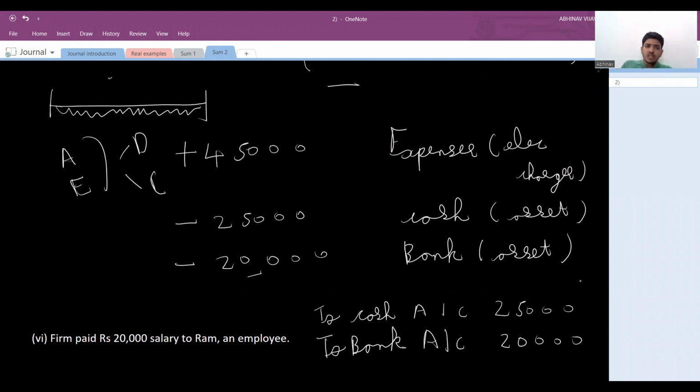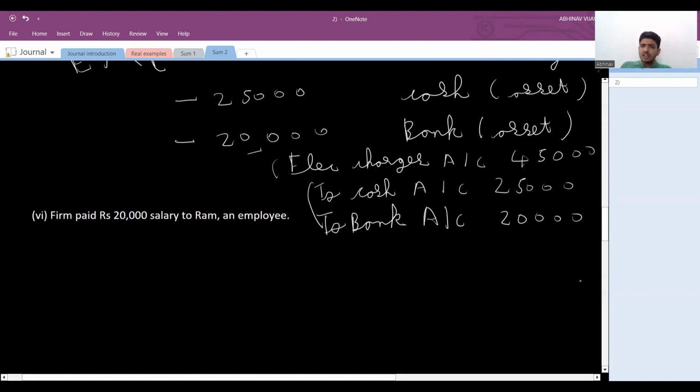When expenses increase, will be debited to electricity charges account. What is the amount? 45,000. Double entry system is both are equal. Net impact: minus 25,000 cash gets reduced, minus 20,000 bank gets reduced. Reason is electricity charges. Correct?